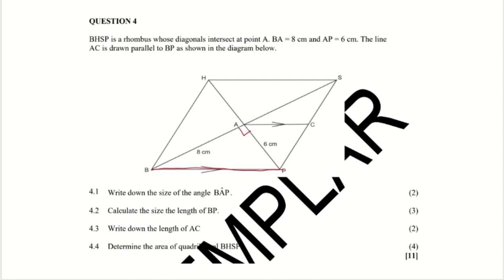All right, so in order to answer 4.3, we're going to say, okay, let me change the color of my ink. 4.3, we're going to say AC is equal to half BP.